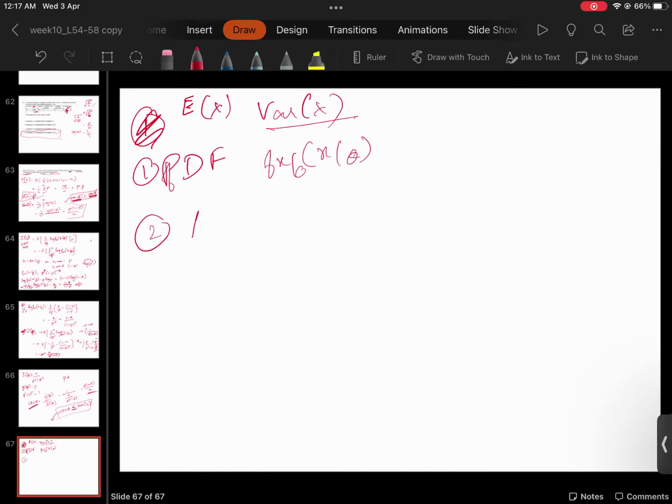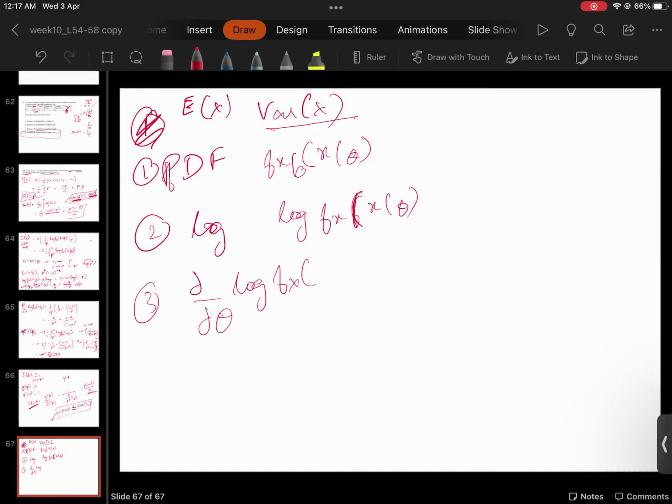Step 2, you take log. So you'll have log of f of x given theta. Third step, you do a differential of log, and then step 4, double differential.